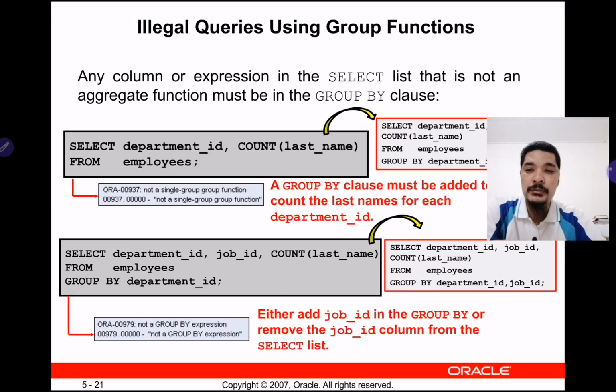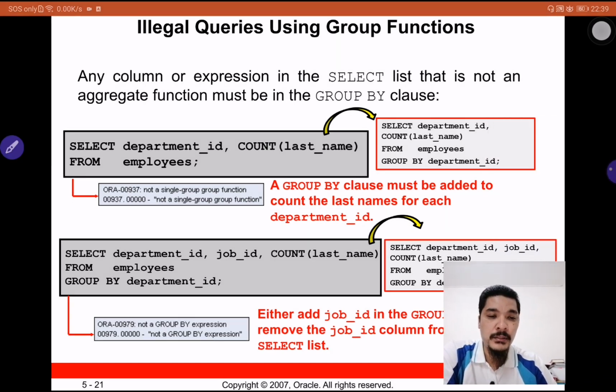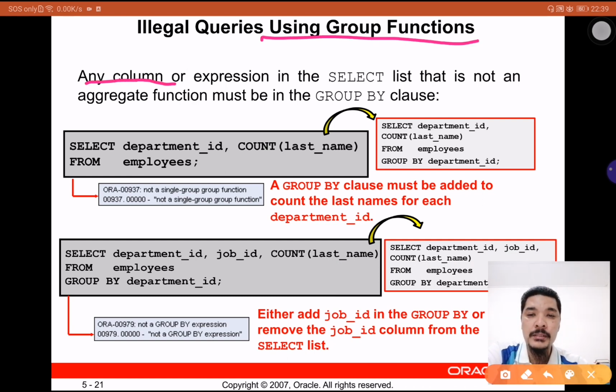Alright, so what is wrong with this statement? Illegal queries using group functions: any column or expression in the select list that is not an aggregate function must be in the group by clause.